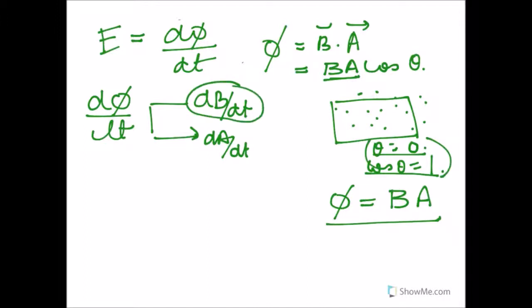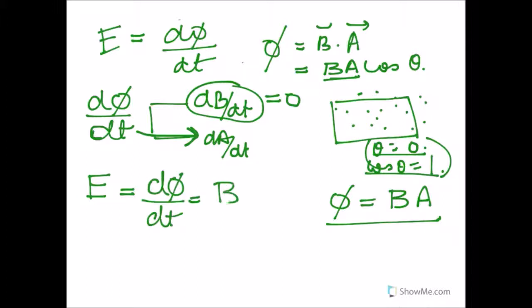There is no change in B as well, because the magnetic field is uniform. So definitely d phi dt is only due to change in area. Now induced EMF can be written as being equal to d phi dt, which is equal to B into dA dt.